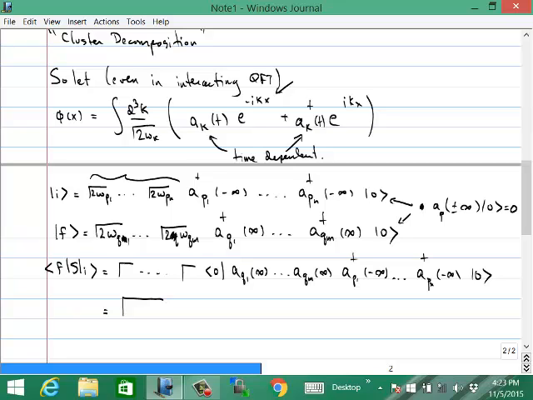What I would like to do is notice that the expression that I've written down here is time ordered. Remember that time ordering is the procedure where, if you have an operator that involves the product of a bunch of local operators at some different times, say T1, T2, T3, and so forth, then the time ordering operator moves all of the later operators to the left and the early operators to the right.